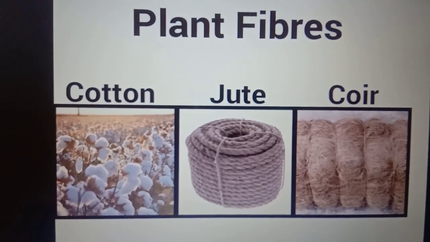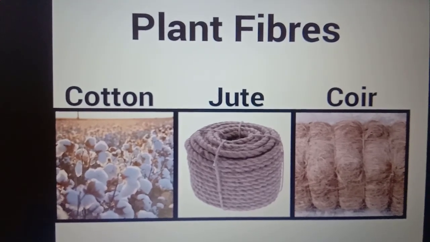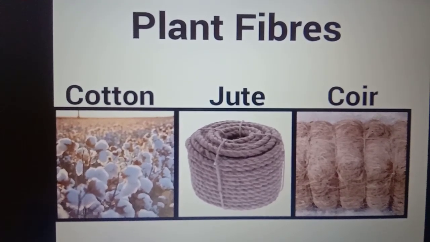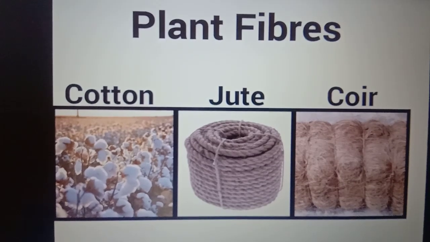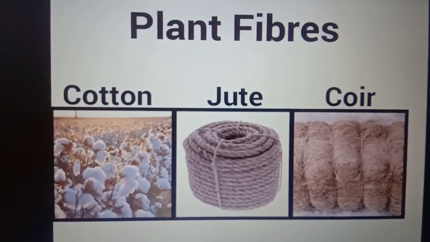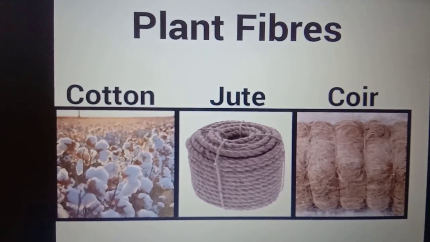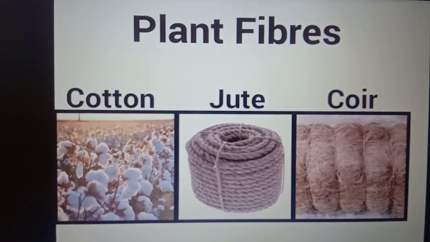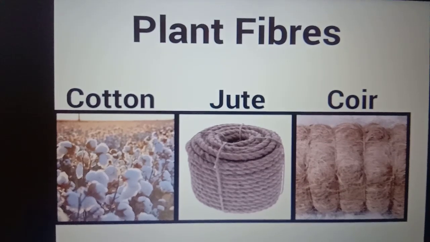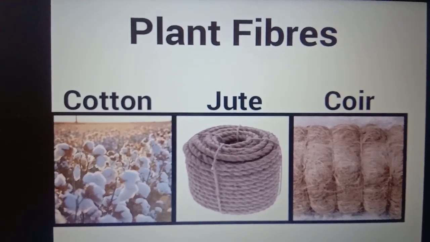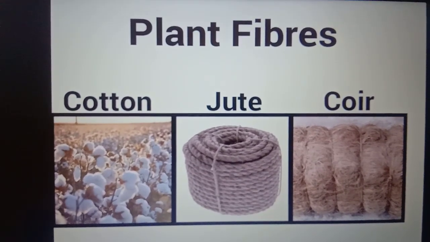Straws of wheat, rice and barley are some examples. And the last one is seed fibers. The fibers which are collected from the seeds of plants are called seed fibers. For example, cotton.